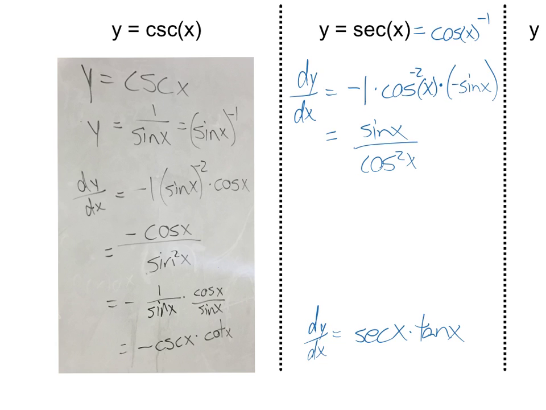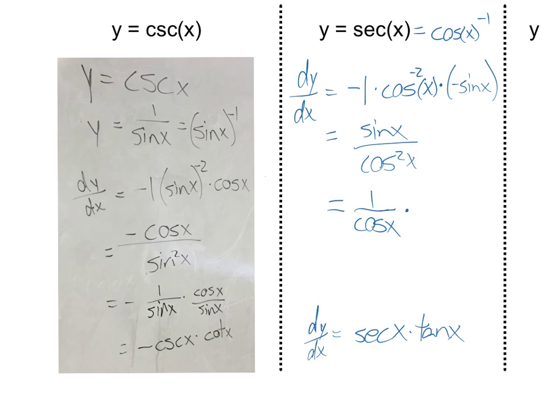And this is where you'd have to think, okay, how would I get from there? If you were just told to find the derivative, you could stop there and that would be totally understandable. But since we were told to show that the derivative equals this, we'd have to think, okay, I need a secant. A secant is 1 over cosine. So I'm going to have to split this up so there's a 1 over cosine x.